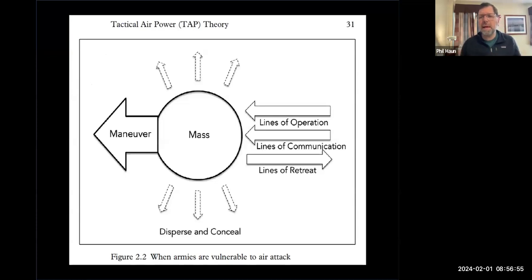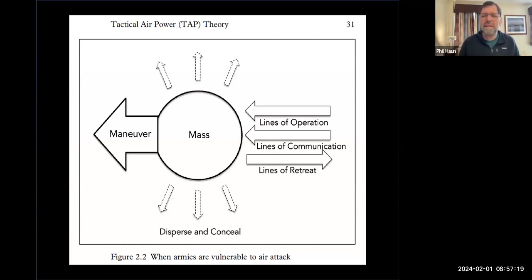Another way to look at the impact of tactical air power is with this diagram that shows when ground forces are most vulnerable to attack from the air and what the reaction is. The circle in the middle indicates when forces mass. Forces can mass individually, from an infantry to a tank.